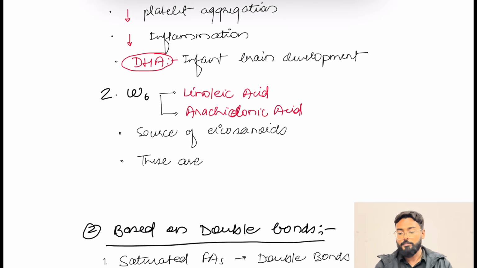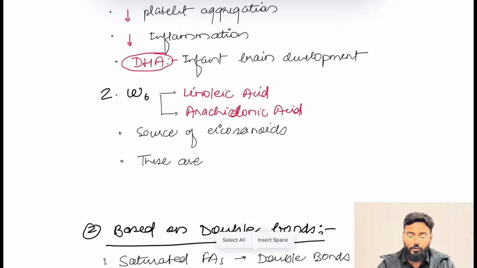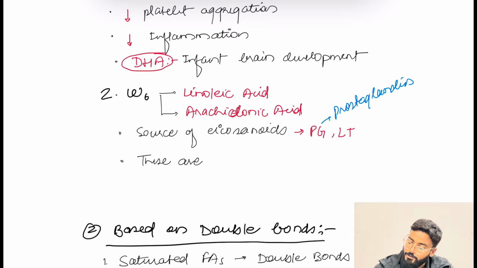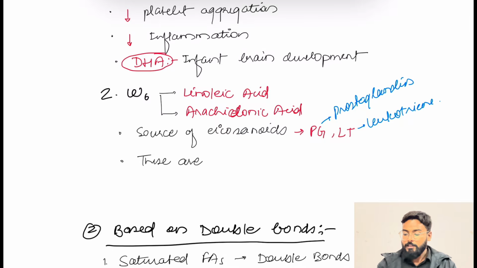And we saw two examples of omega 6, that is linoleic and arachidonic acid. These are the source of eicosanoids. What are eicosanoids? Prostaglandins and leukotrienes. This is your prostaglandin and this is your leukotrienes. So omega 6 fatty acid, especially arachidonic acid, is a precursor for the formation of prostaglandins and leukotrienes.